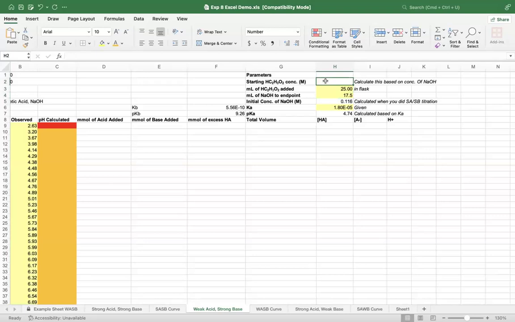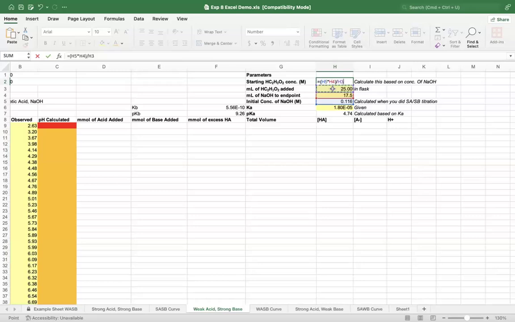So this is equal to parentheses, the concentration of base times the amount of base, close parentheses. So that's the moles. Technically, that's the millimoles. They should be equal at the neutral point, and we're going to divide by 25, or divide by this number, mL of acetic acid.